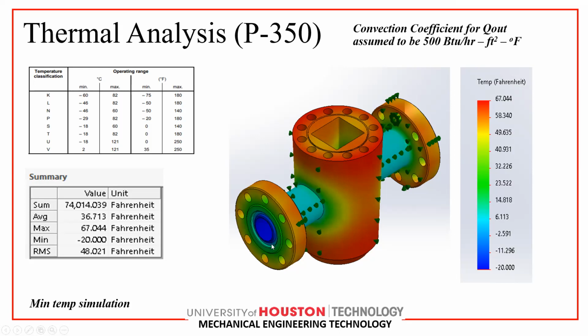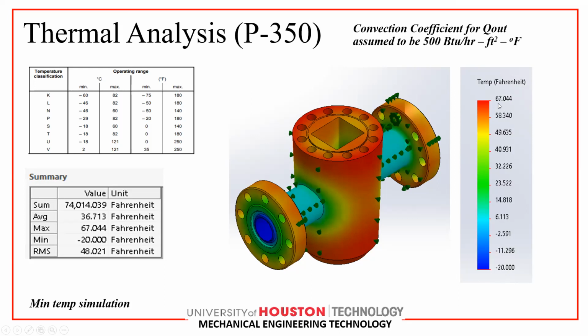The blue color shows the minimum temperature, which is negative 20 Fahrenheit degrees, which is here. And the red or orange color shows the maximum temperature, which is equal to 67.044 Fahrenheit degrees, from the minimum all the way to the maximum temperature.